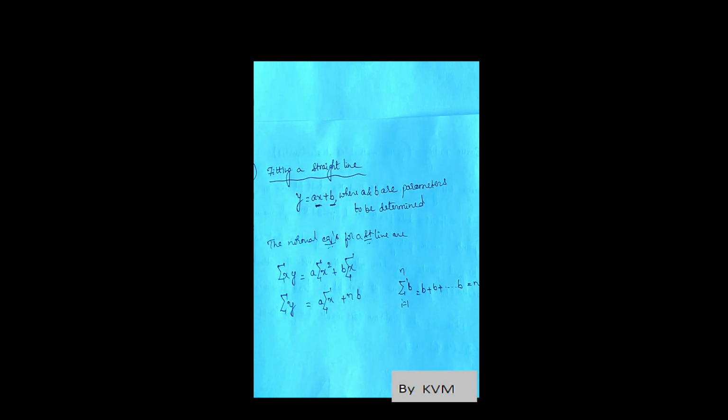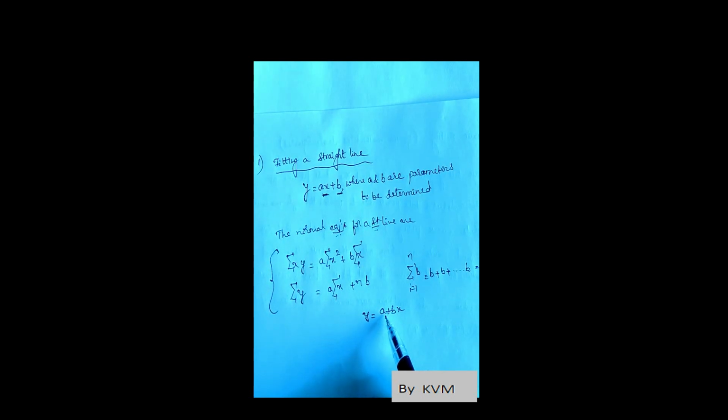Sigma b, i from 1 to n, we can write as b plus b plus b up to n times, which is nothing but n into b. So instead of writing sigma b, i from 1 to n, we can write n into b. These two equations are called the normal equations for a straight line.